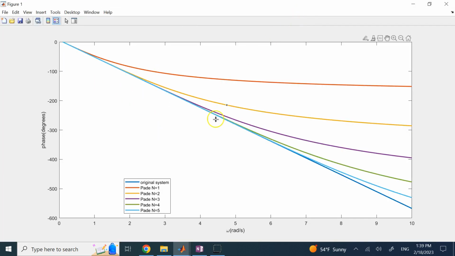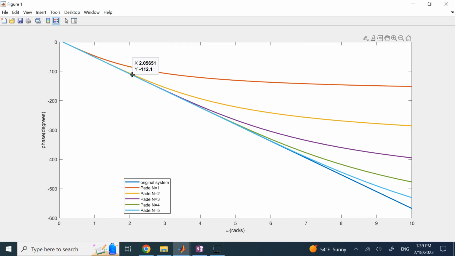And again, if you look at this graph, you see that, for example, the system of order 1 is only matching my original system, my delayed system, up to about 1 or less than 1 radians per second. If I add order 2, now the system of order 2 is overlapping my system up to 2 radians per second or so.